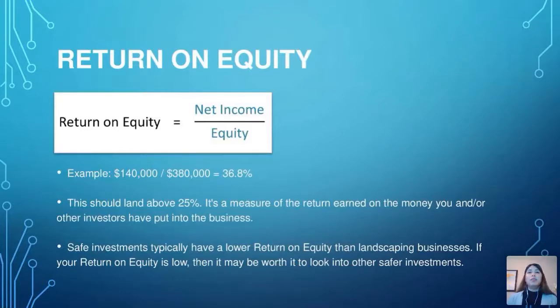It's a measure of the return earned on the money you and/or other investors have put into the business, like I mentioned before. Safe investments typically have a lower return on equity than landscaping businesses. If your return on equity is low, then it may be worth looking into safer investments, right? So we're looking to be above 25% in this area.